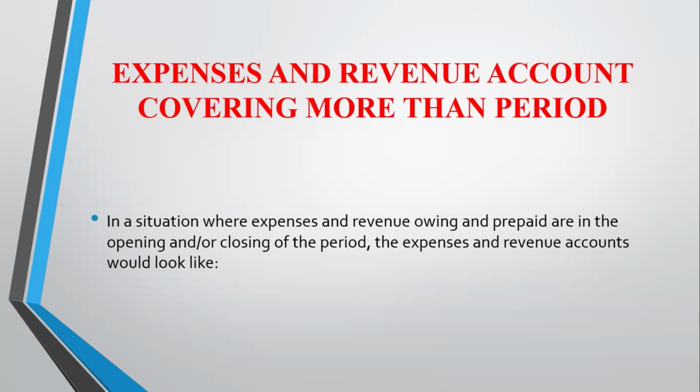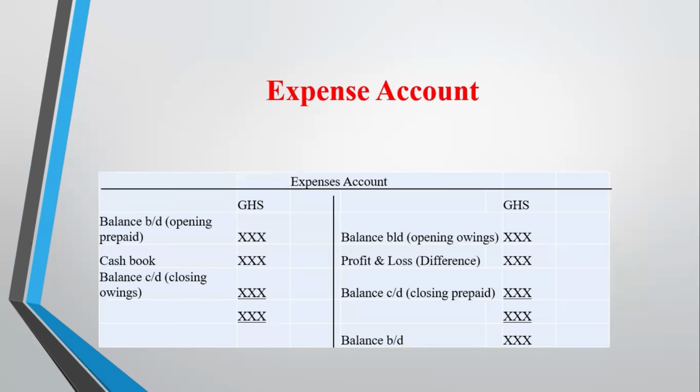Yes, so sometimes there can be expenses opening and expenses closing, and there can be expenses prepaid. Sorry, expenses opening prepaid and closing prepaid for expenses. So when you have these two, it means there will be more workings in the account. So let's look at how that one will look like.